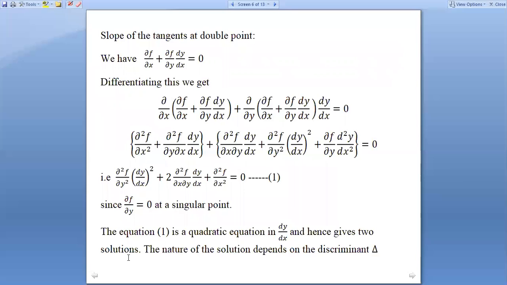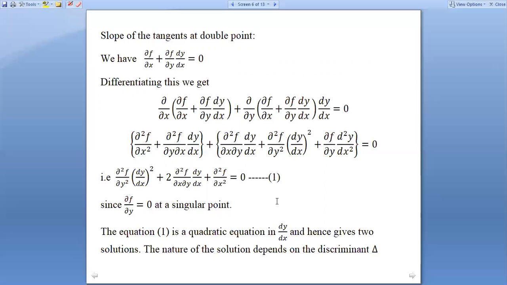You already know that whenever you have a quadratic equation, it has two solutions, and the nature of the solution depends on the discriminant. How do you solve the quadratic equation? Say if you have the quadratic equation ax square plus bx plus c is equal to 0, then x is given as minus b plus or minus root of b square minus 4ac divided by 2a.